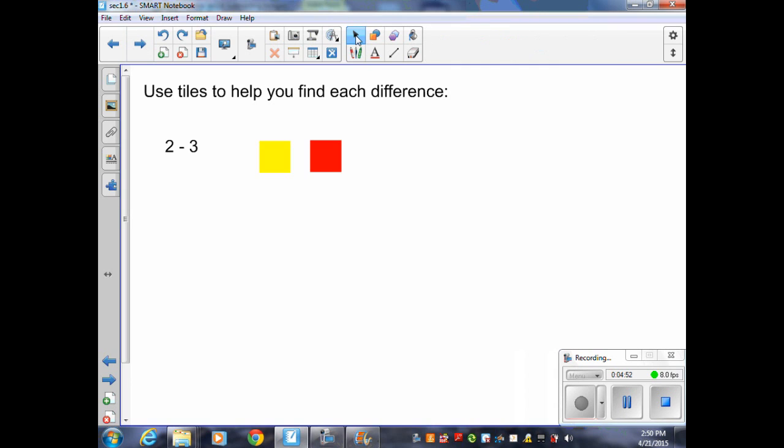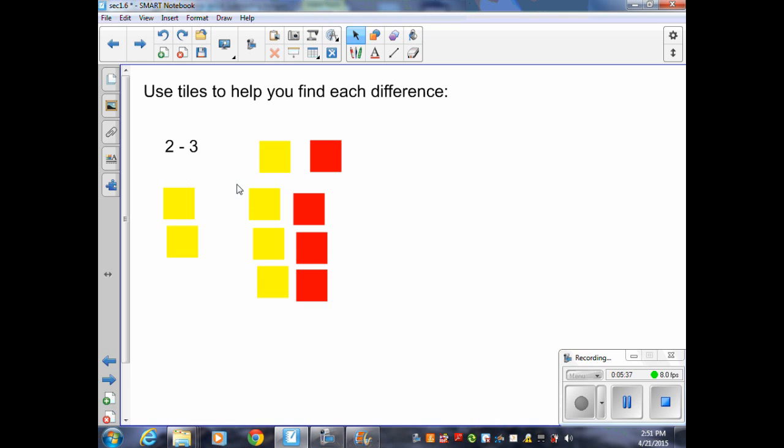My next problem, I have 2 minus 3. Positive 2 minus 3 blocks. And what I need to do is, I don't have 3 positive blocks to take away from here. I need to get 3 blocks. So if I bring in 3 yellow blocks to take away from these 2 blocks, I need to offset that with my red blocks.